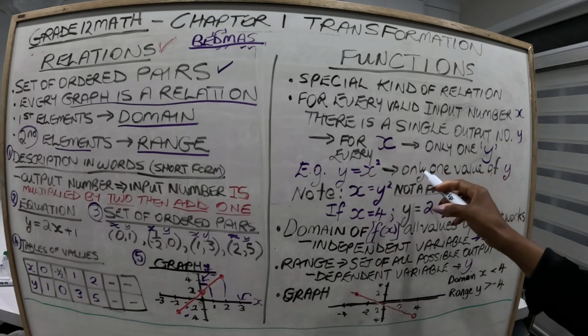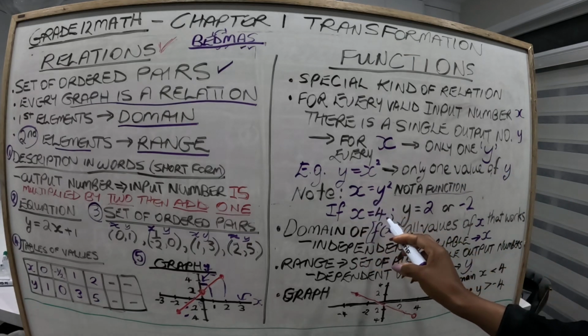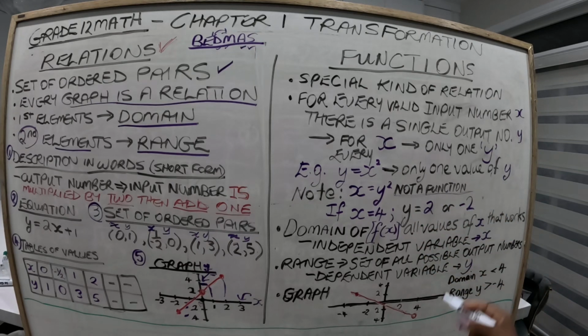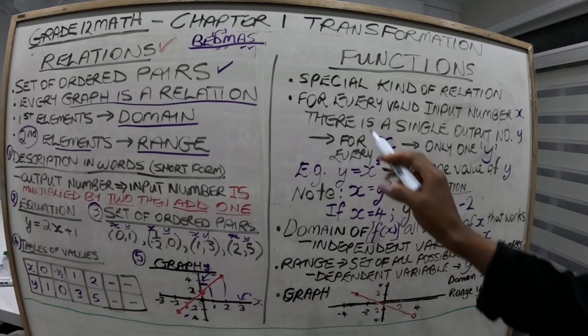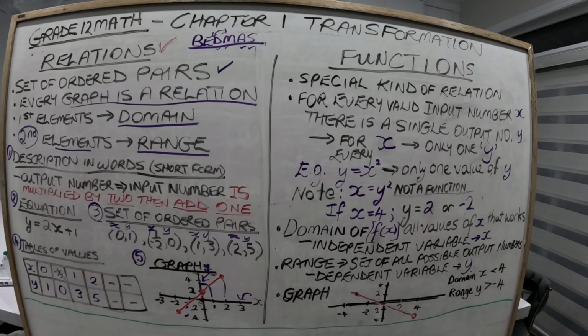Because you can only have one value of y. So if x is 4, that means y can either be 2 or -2. And that's not accurate when it's a function, because this definition will cause this not to be a function. So let's go back into what the definition of functions is.